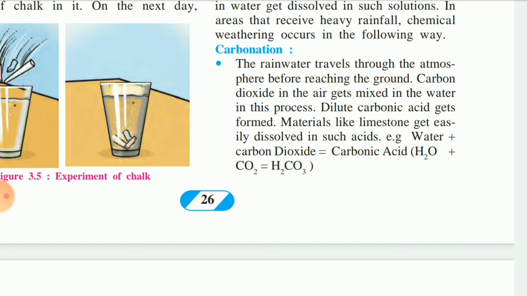So how does chemical weathering take place? Number one, carbonation. Now what is carbonation? The rainwater travels through the atmosphere before reaching the ground. We know that clouds are quite high in the sky.